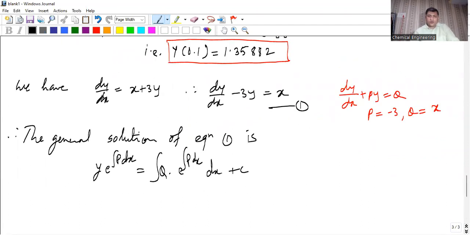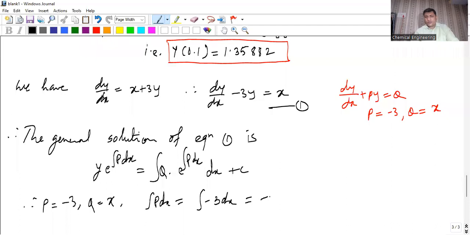We got p = -3, q = x. So integration of p dx = integration of -3 dx = -3x, and hence e raised to integration p dx = e raised to -3x.